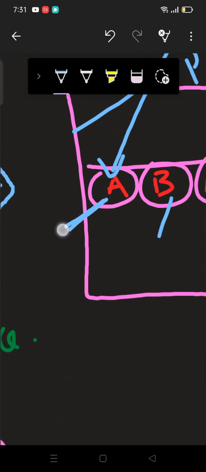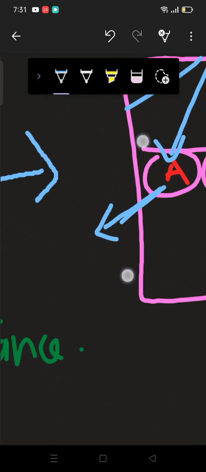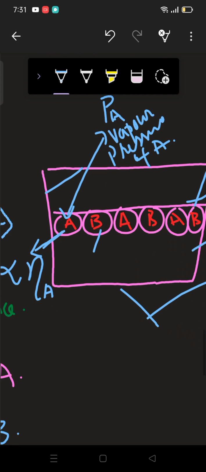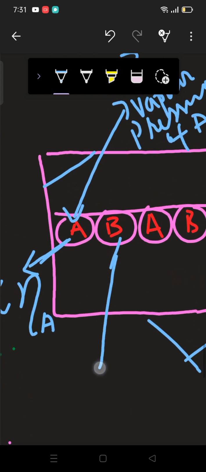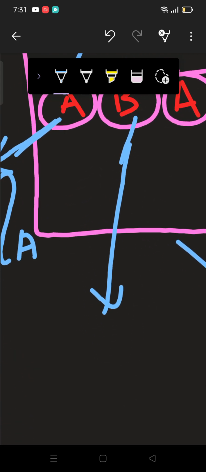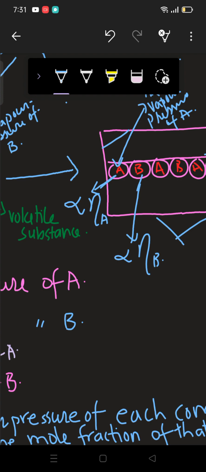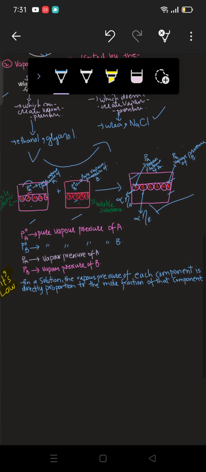Vapor pressure of A would be directly proportional to the mole fraction of A, that component. The vapor pressure of B would be directly proportional to the mole fraction of B, right? You can use either the zeta sign or the y1 sign. So in a solution, the vapor pressure of each component is directly proportional to the mole fraction of that component.